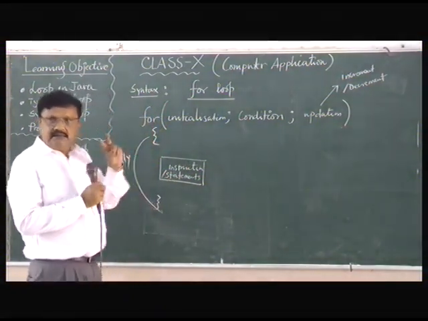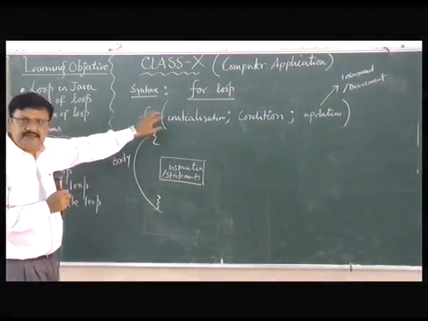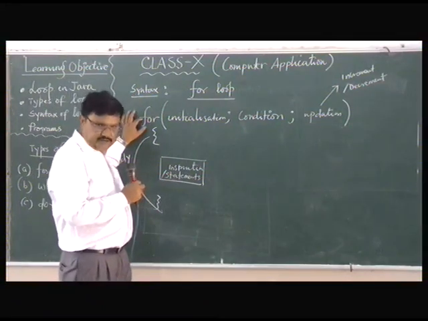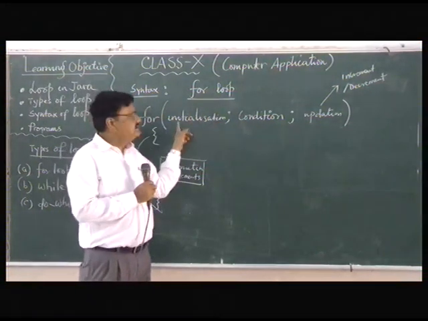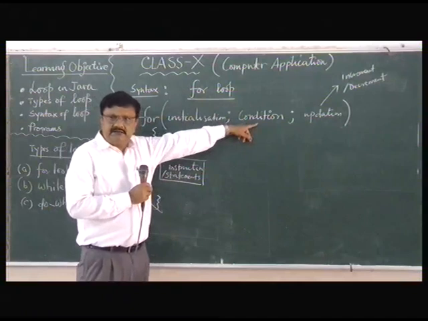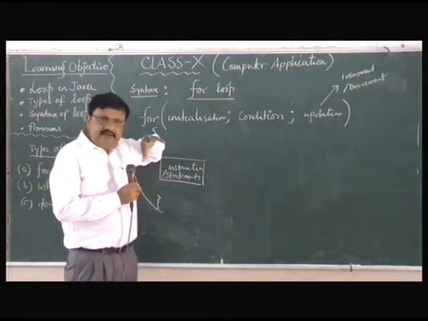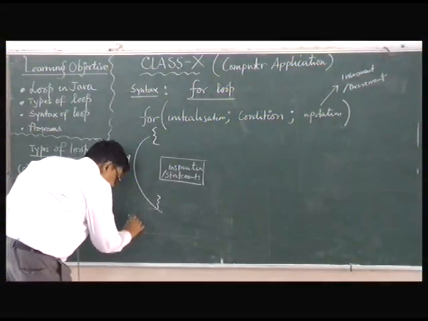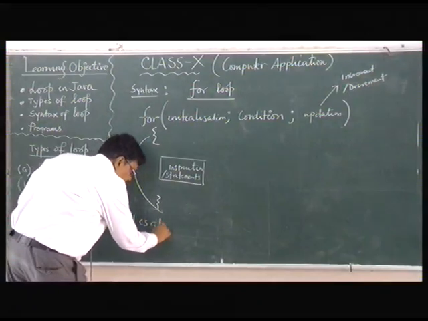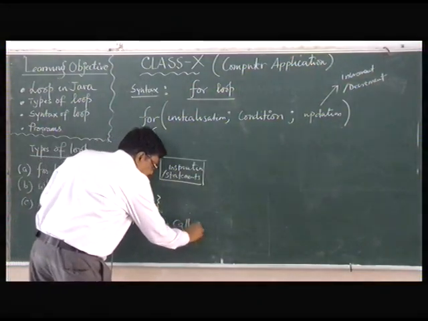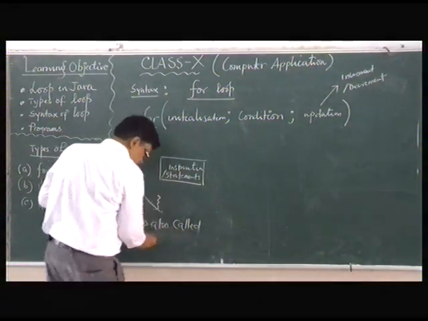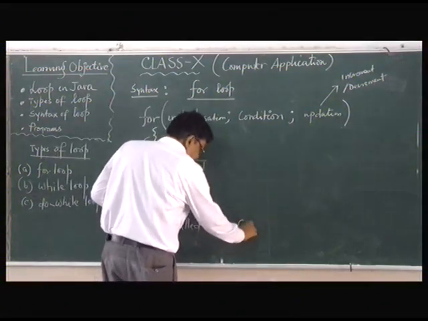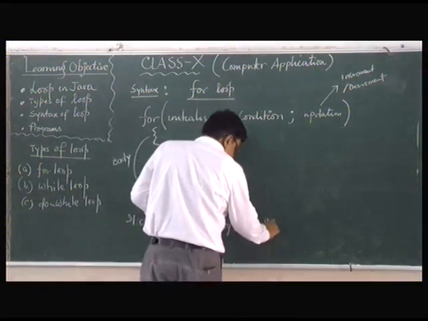Because it checks the condition at the entry point only. Which one is the entry point? The condition. When the control comes to this point, after initialization, it checks the condition. So that is why it is called entry control loop.